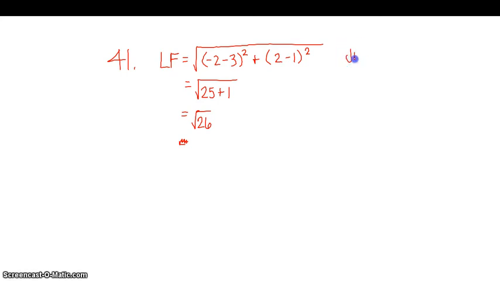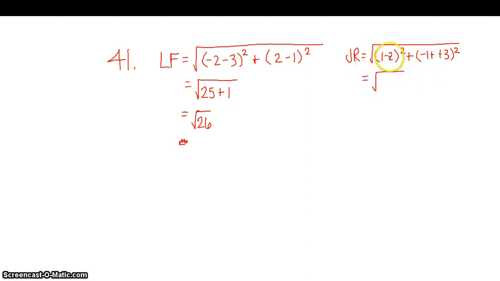And then for JR, I'll do 1 minus 2 in parentheses squared plus -1 minus -3 squared, so that'd actually be -1 plus 3.